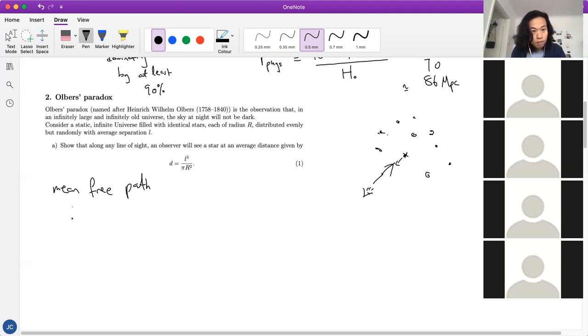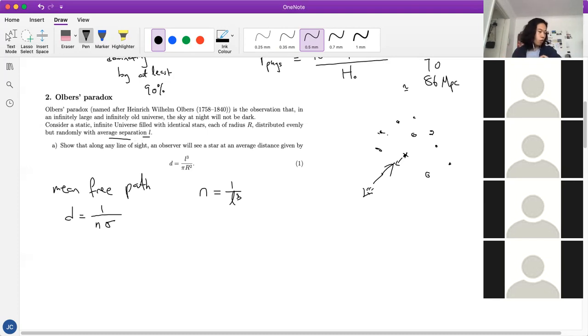So then we can just use the mean-free path equation, where D is equal to 1 over the number density times sigma, which is the cross-section. Since the stars are distributed with average separation L, the number density is just 1 over L cubed. So it's like 1 over the average volume in which you'll find a single star.